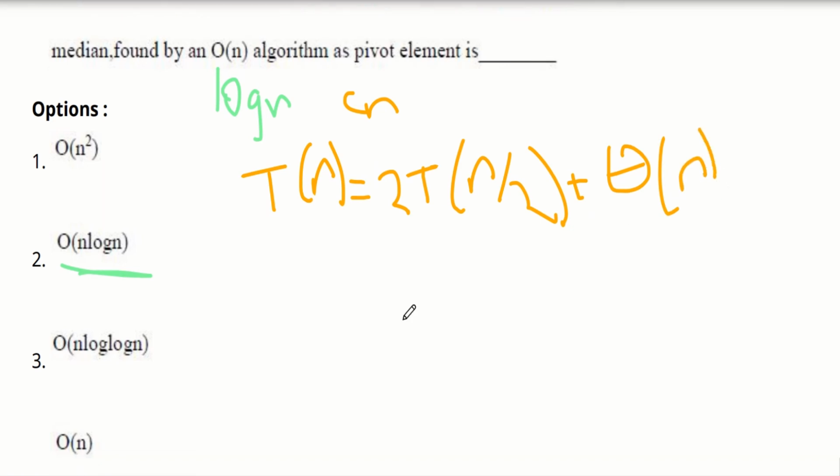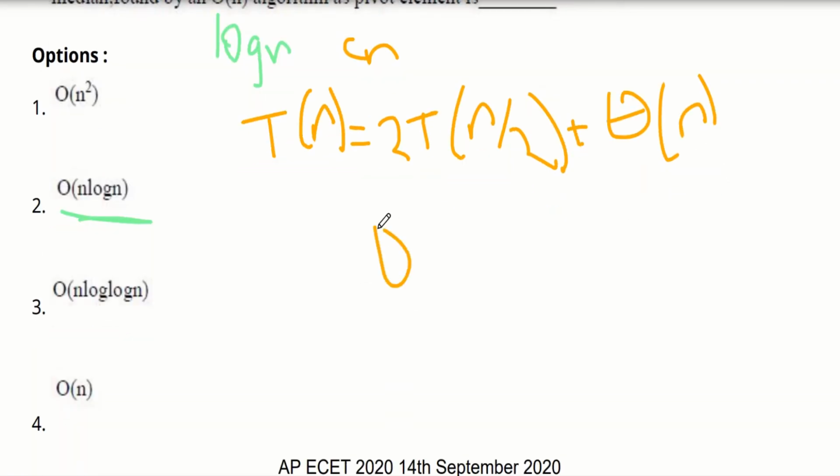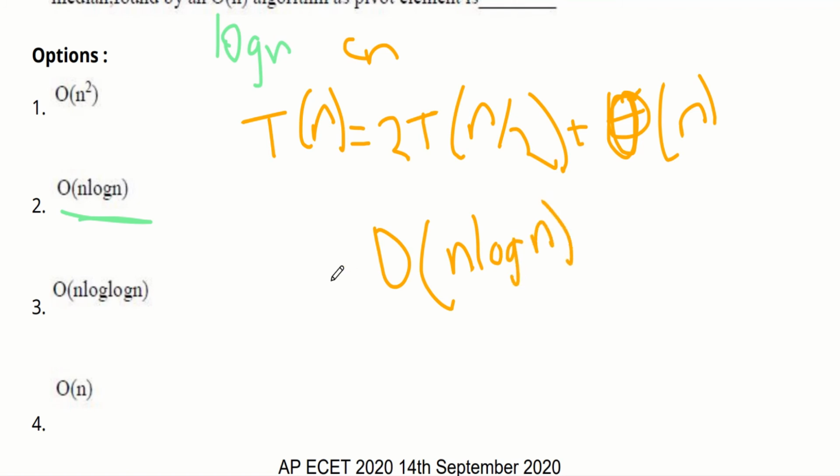Therefore, the final time complexity becomes big O of n log n. So this is the correct answer. In all cases, this becomes the time complexity. For quicksort, all time complexities become big O of n log n.